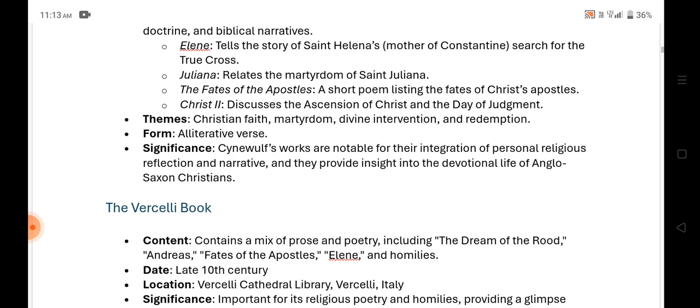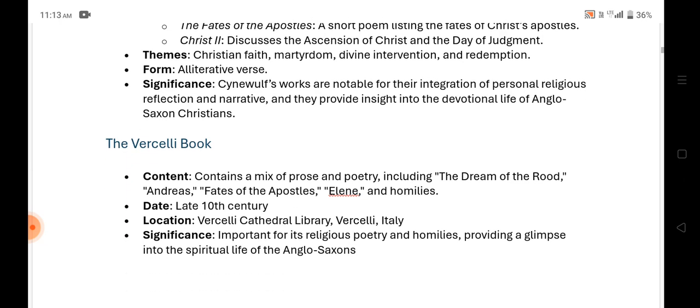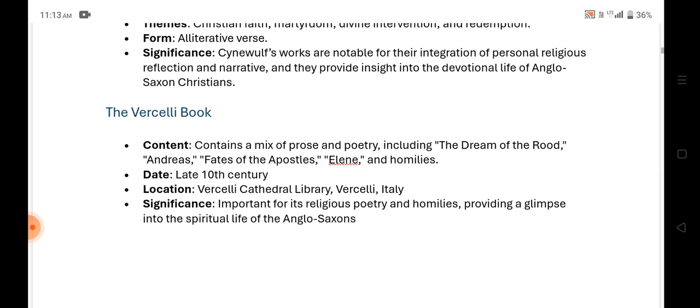Themes of Christian faith, martyrdom, divine intervention, and redemption are seen, and the alliterative verse form is used. His works are notable for their integration of personal religious reflection and narrative, and they provide insight into the devotional life of Anglo-Saxon Christians.